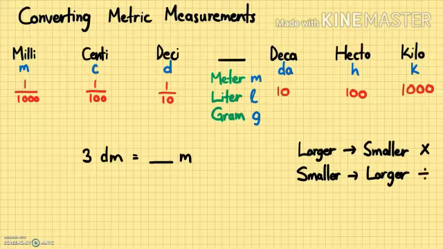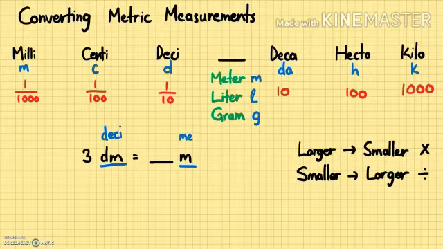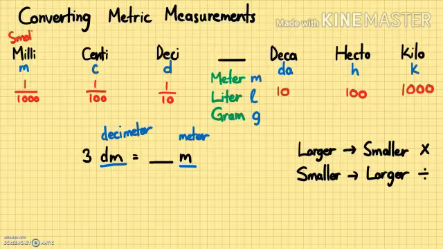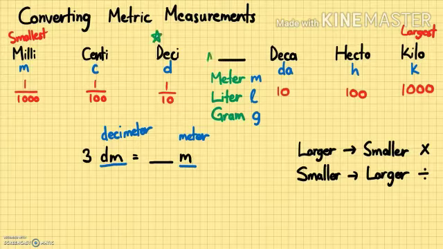Now convert 3 dm to m. dm means decimeter, and m means meter. Which one is bigger, decimeter or meter? If you look at the chart at the top, this side is the smallest units and this side is the largest units. dm is here and m is here.